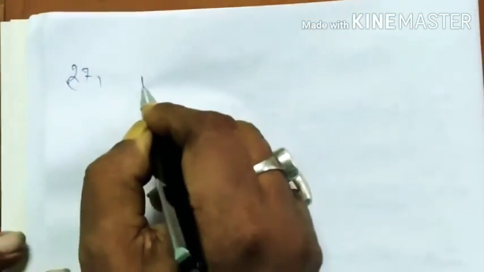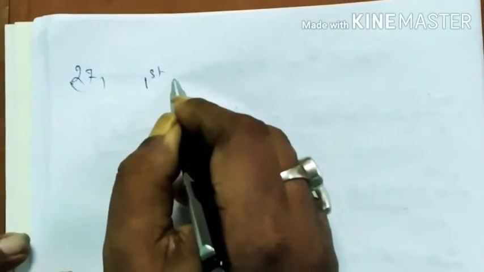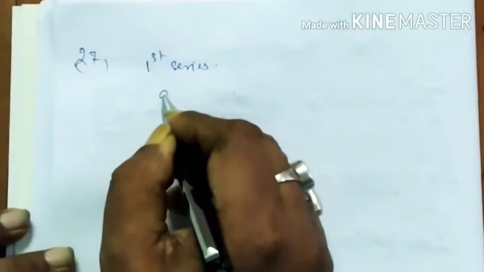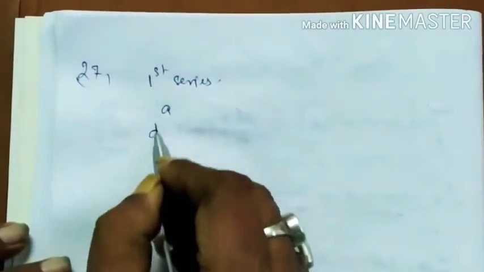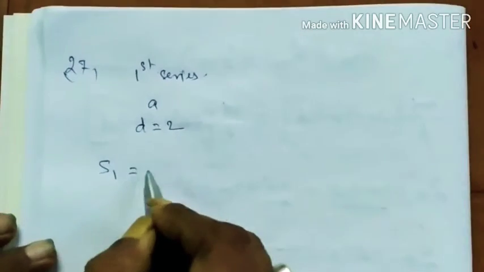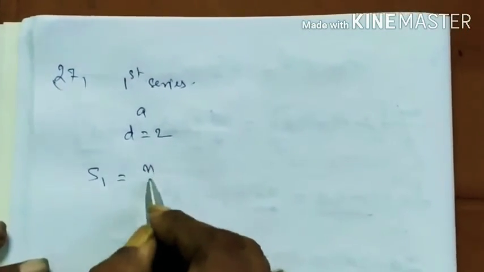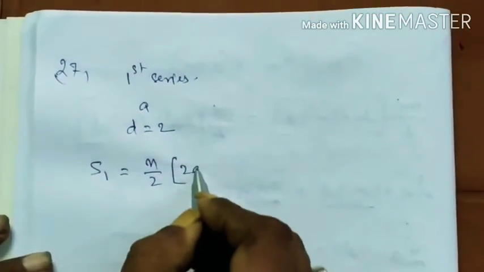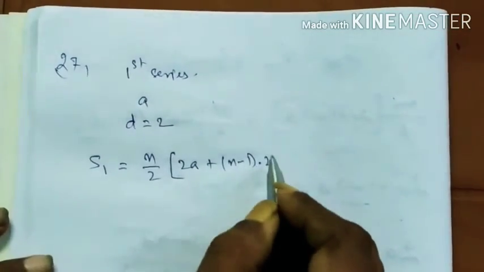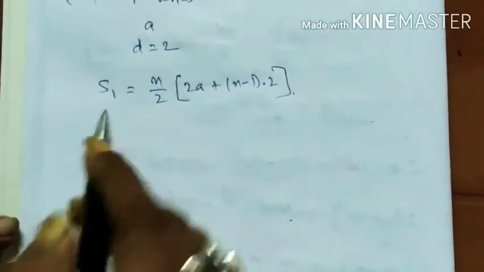and S3. So first, I'm just writing it, in the first series, A is the first term and common difference is 2. So S1 up to nth term is n by 2, 2A plus n minus 1, D is your 2. This is S1.